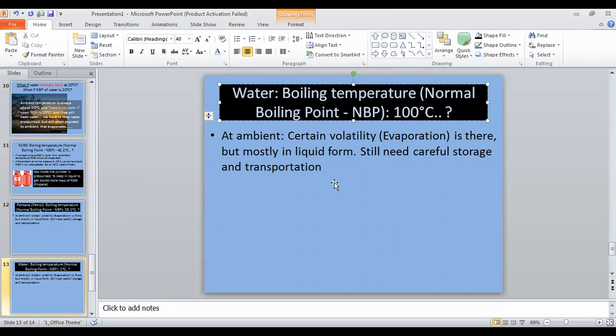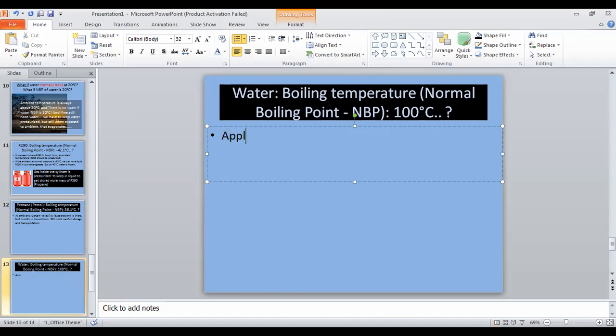So still you have the safety data sheets. But now the point is 100 and above applications. Thermal applications, or let's say thermodynamic applications.